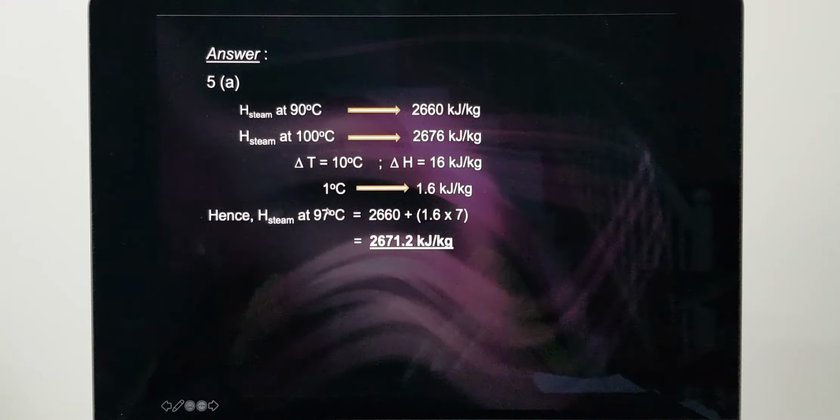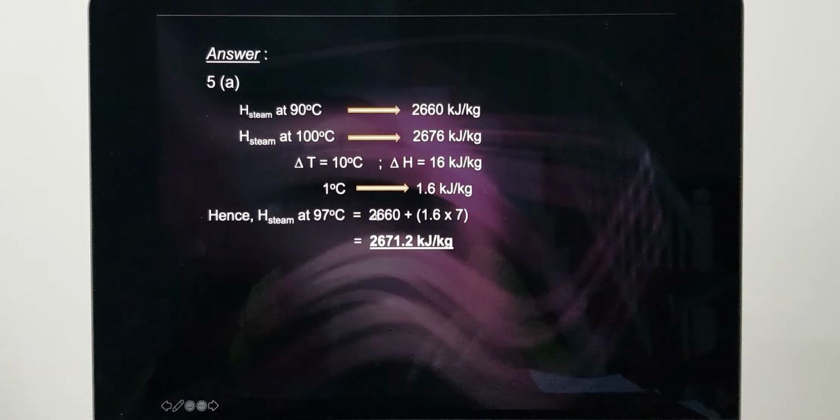But what happens when the temperature is increased by another 7 degrees Celsius? You will need to multiply 1.6 kilojoule per kilogram by 7. This value of 7 comes from the temperature difference between 97 and 90 degrees Celsius.